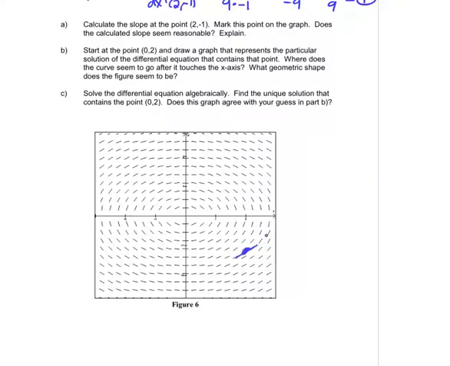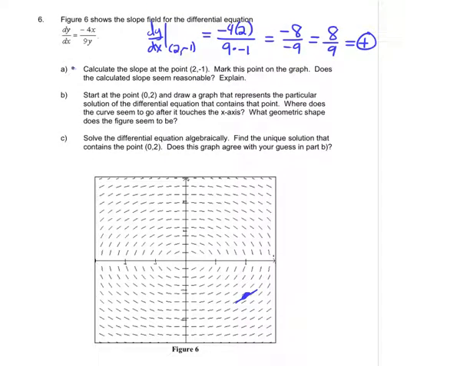Does it look like its slope is about 1? Yes, it does. Okay, check. Starting at 0, 2. Okay, I'm going to erase that part down there. 0, 2 up here.